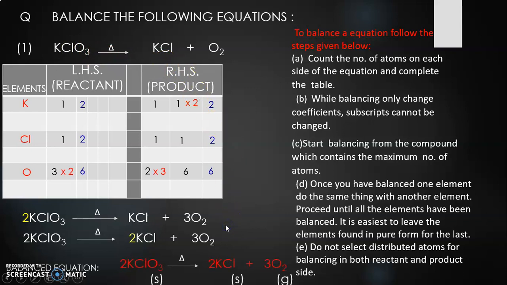So we write the final equation as 2 KClO3 on heating giving you 2 KCl plus 3 O2 with the physical states. KClO3 as solid, we write small s within the brackets. KCl also solid within the brackets small s, and O2 as gas, small g within the brackets. So students, hope you are clear. Good. Now we go to the next equation.